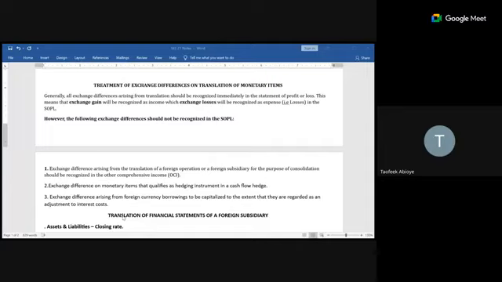So now, generally, IAS 21 says that all exchange difference should be recognized in the P/L. That means exchange gain should be recognized as an income, while exchange loss will be recognized as an expense.